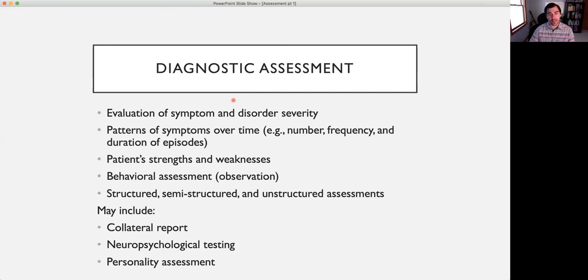When we're doing diagnostic assessment, we're generally evaluating symptom and disorder severity by asking lots and lots of questions about what a person is going through. We tend to start out pretty open-ended, with questions like, what brings you in? What are the main problems that you're experiencing?